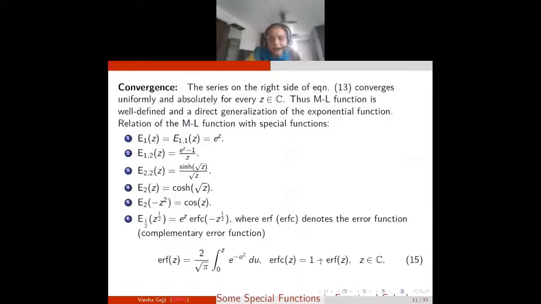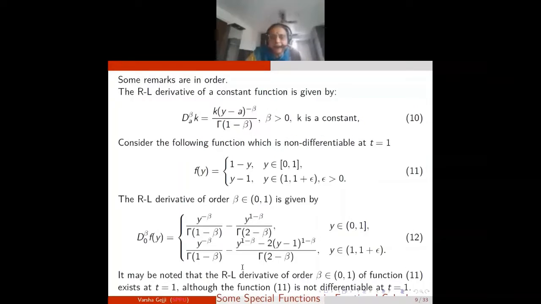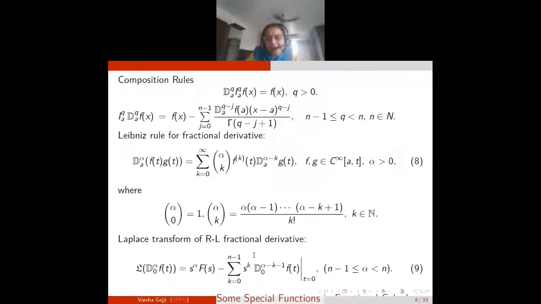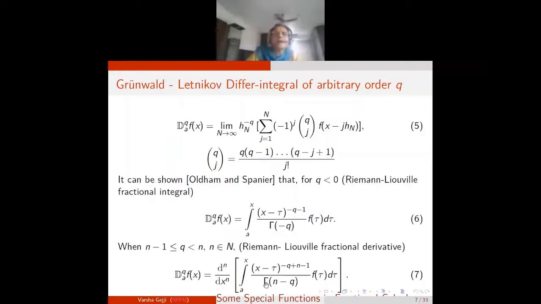What he did: this is the definition given by Riemann-Liouville, where you first take the fractional integral, followed by the nth order derivative. In Caputo's definition, this is interchanged.